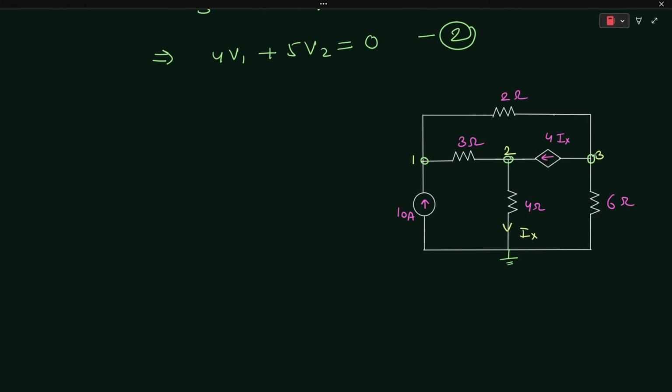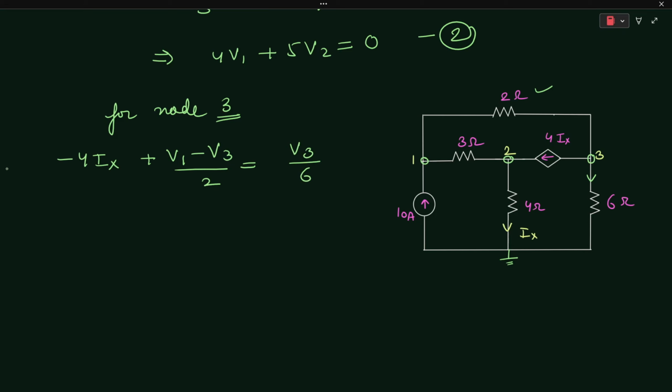Similarly, for node 3, on applying KCL at this node, we can say that -4Ix plus the current flowing from the 2 ohm resistor, which is (V1 - V3)/2, is equal to the current flowing from the 6 ohm resistor, which is V3/6.